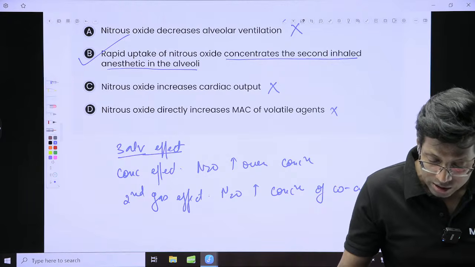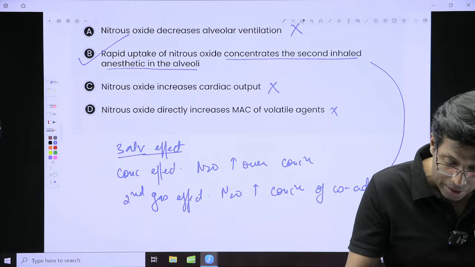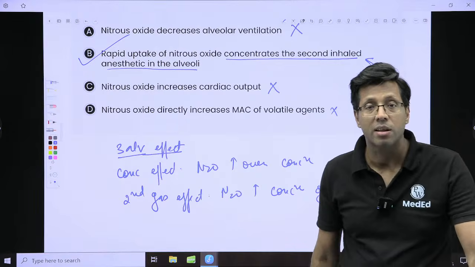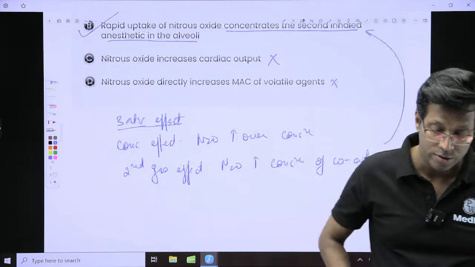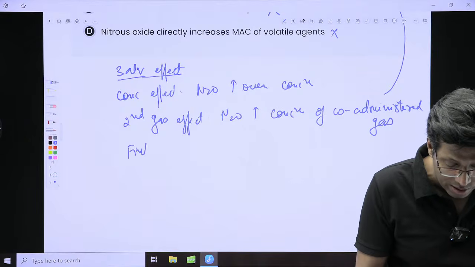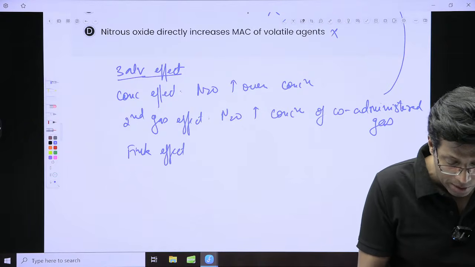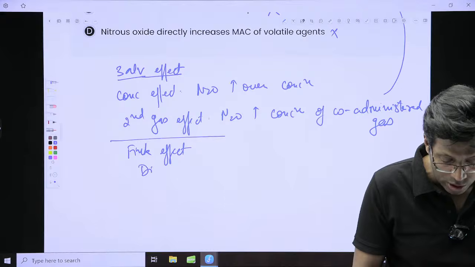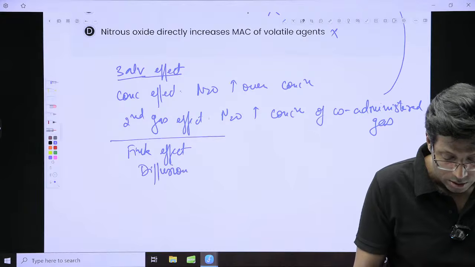And the reason for that is because there is a rapid uptake which concentrates the other gas. Okay, it increases the concentration of co-administered gas. And the third, of course, that we had discussed was the Fink effect, the diffusion hypoxia. Do you remember that? Fink effect or diffusion hypoxia, we've already discussed that.